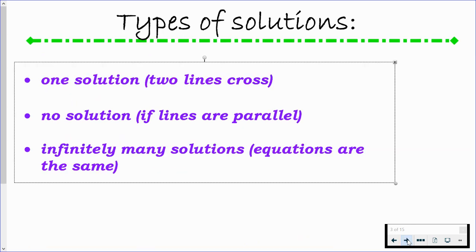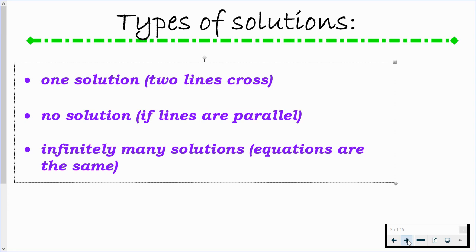We still have our 3 types of solutions that we can see. One solution is when the 2 lines cross or intersect, and that we always write as an ordered pair. Then we have no solution, and that's when the lines are parallel. And then we have infinitely many solutions, which is when the equations are exactly the same.